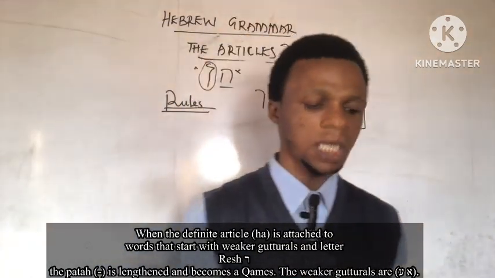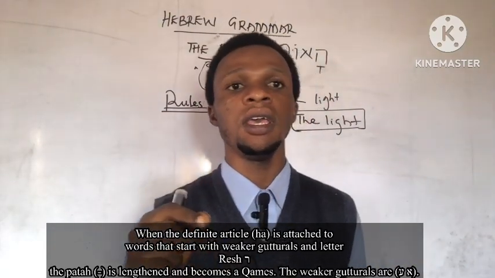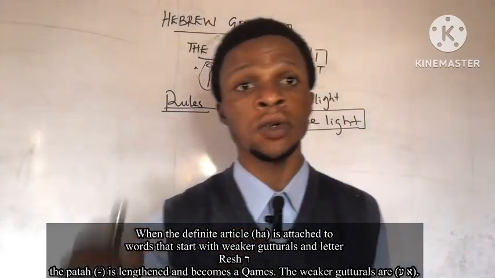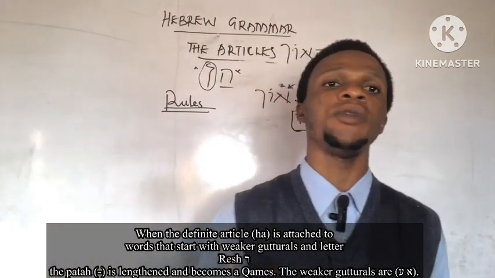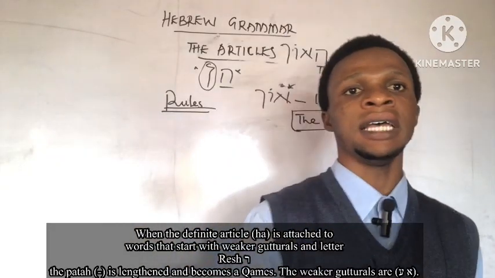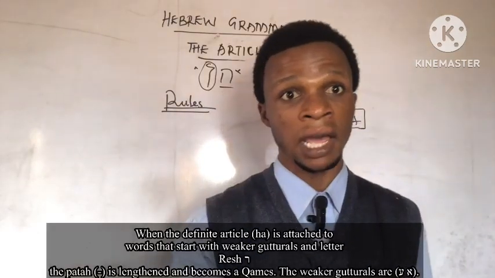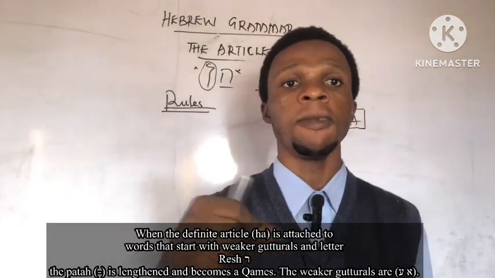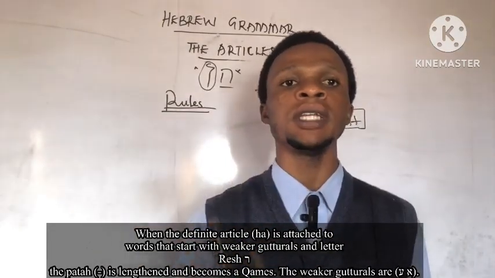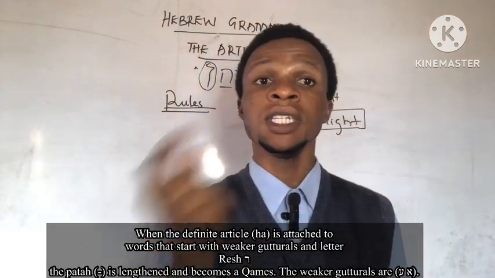I will repeat the second rule again. The second rule states that if you are attaching the definite article ha to any word that starts with a weaker guttural letter like aleph and ayin (I only gave an example of a word that starts with aleph), then you must change the patach under the ha to a kamet, which is a long a.